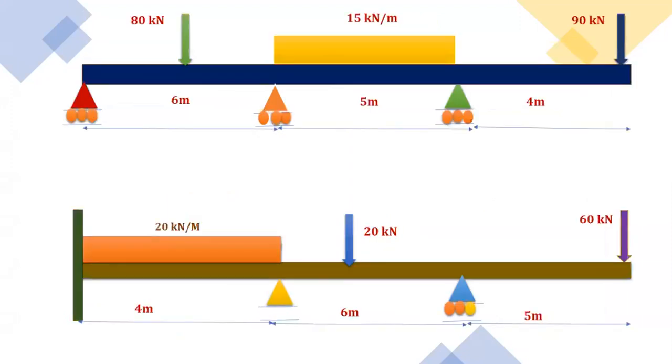If you see the next diagram, this is a 2 span continuous beam with overhanging: one end is simply supported, the other end is overhanging. The bottom one is overhanging with one end fixed.